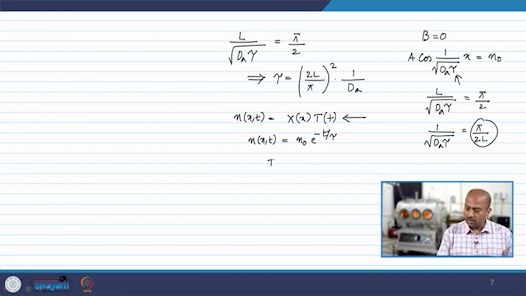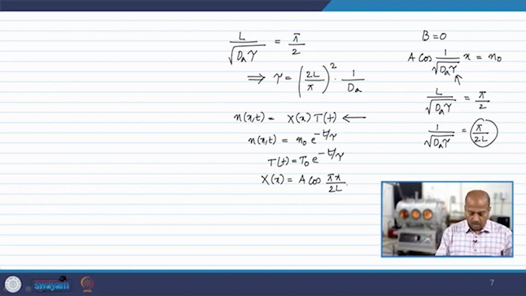But we know that T of t is T naught e to the power of minus t by tau, and X of x is this A cos pi x by 2L.